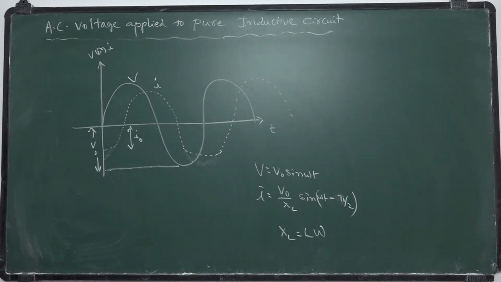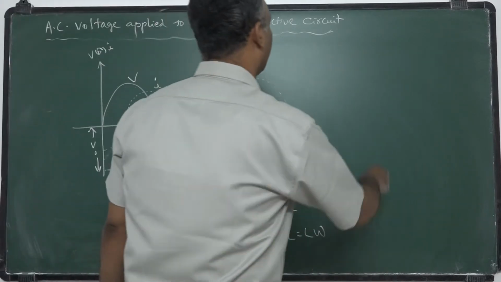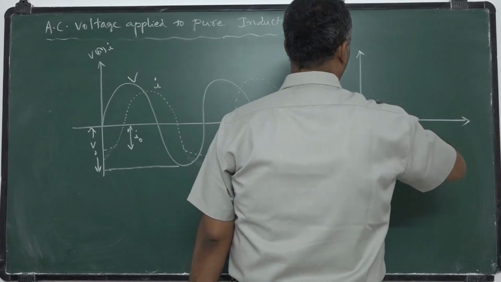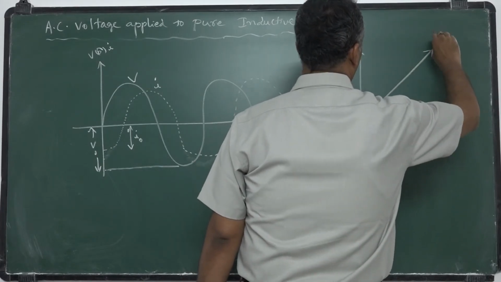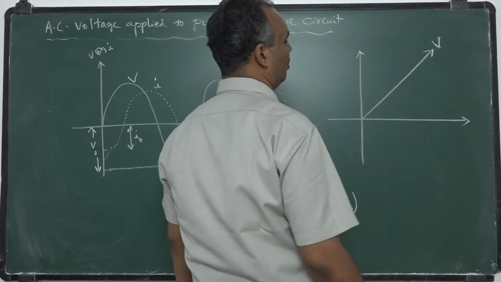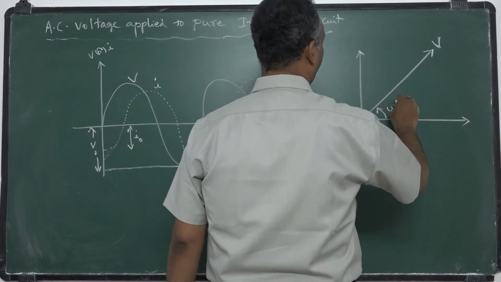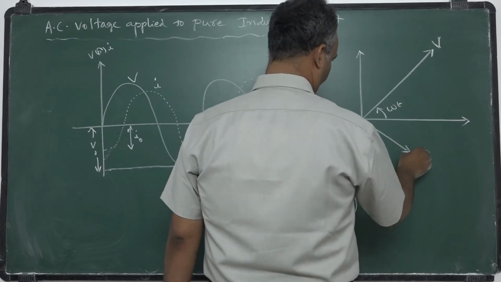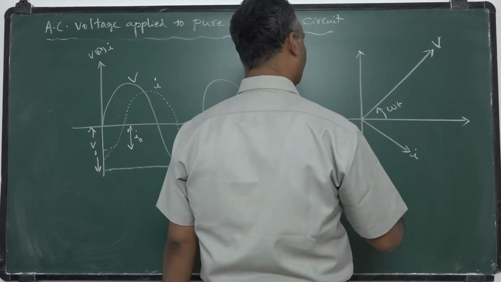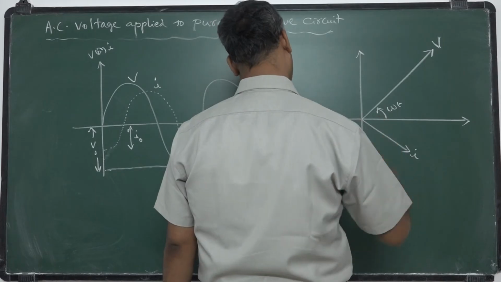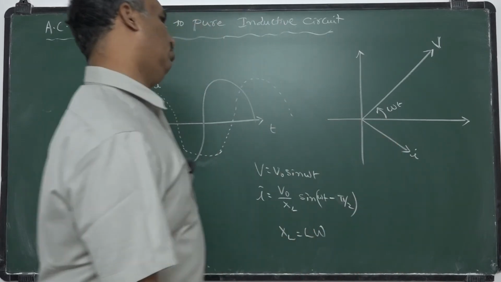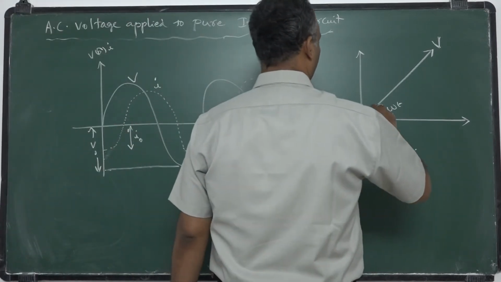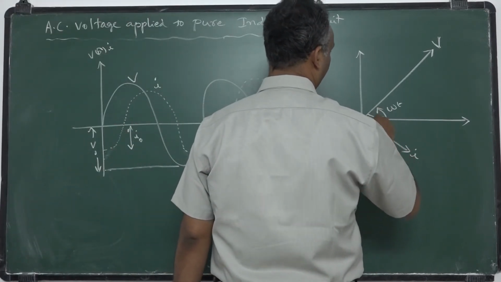If I want to represent the same in a phasor diagram, the voltage applied is represented as V, which is having a phase omega t. The current is like this, which is at a phase lag of 90 degrees.